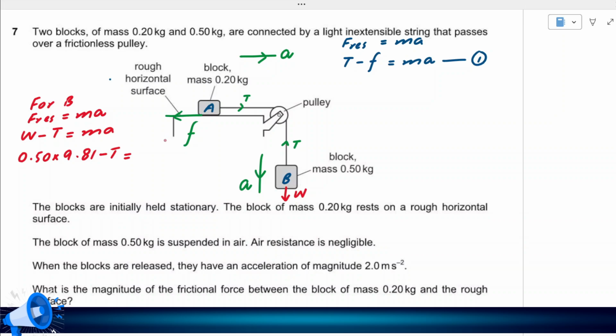We'll try to cancel tension with these two equations, equals mass, which is 0.50 times a. Acceleration is also given, but I'll take acceleration common afterwards. For the first one, it would be T minus F equals 0.20 times a.